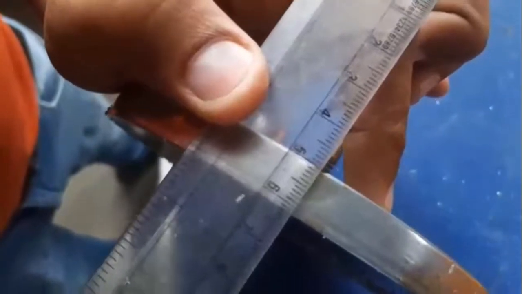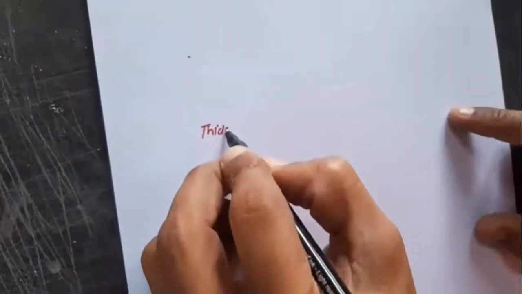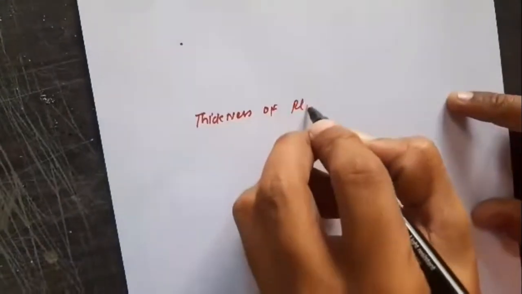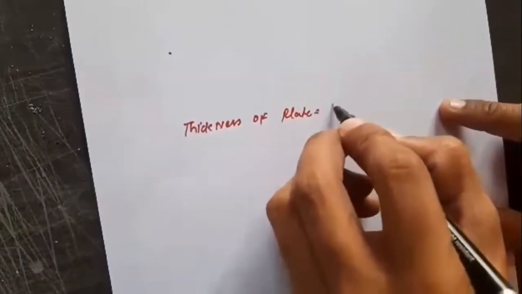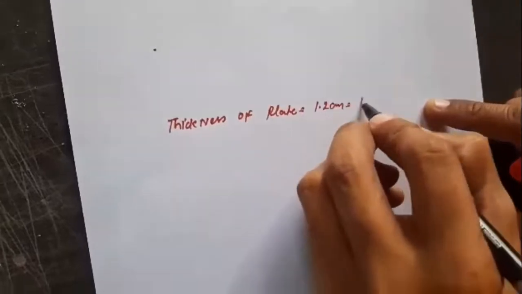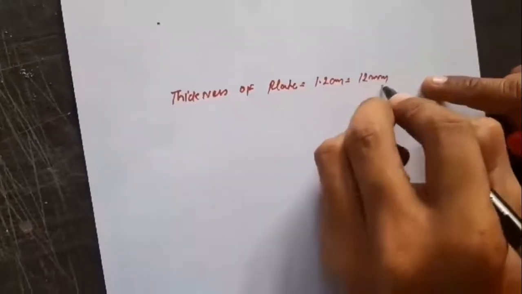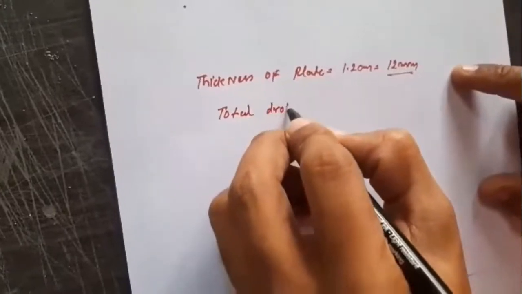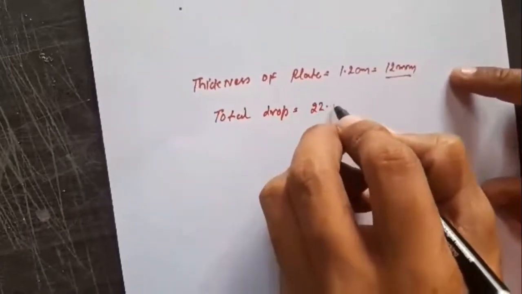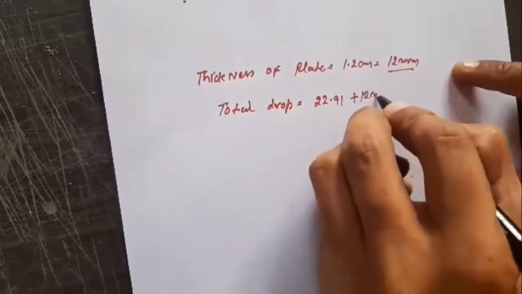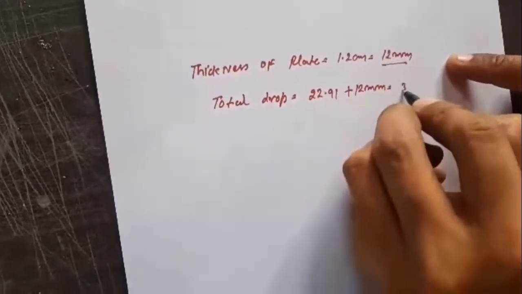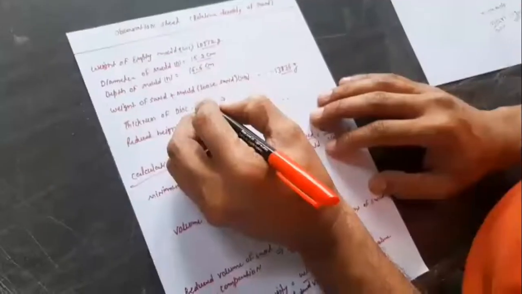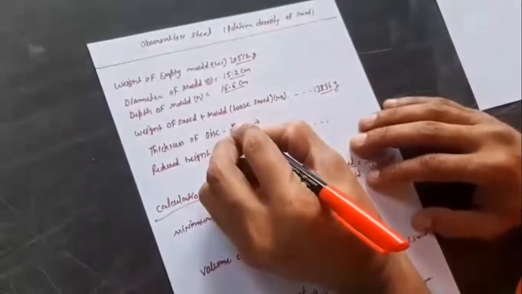So measure its thickness and note it down in the observation sheet: thickness of plate is 1.2 centimeter, which is 12 mm. Total drop is the dial gauge reading plus the thickness of plate, 22.91 plus 12 mm, which comes out to be 34.91 mm.